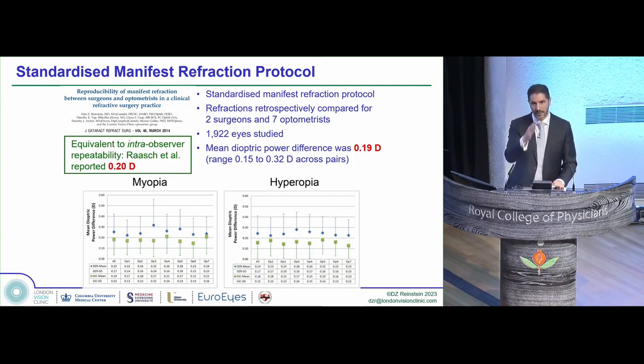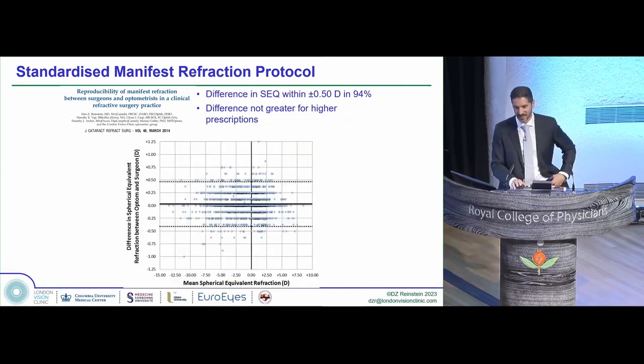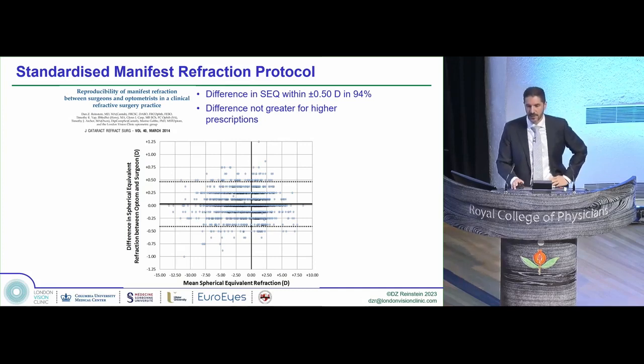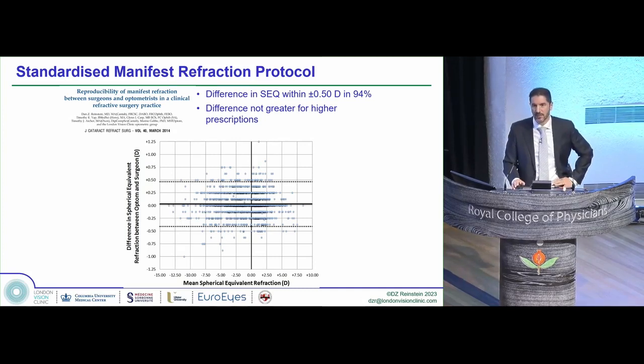There's no ambiguity as to, do you like the green or the red? It's always going to be green. And it works for all refractions. The difference in spherical equivalent was within half a diopter in 94% of people, and it made no difference whether you were refracting a -15 or a +8. It works the same across the board.